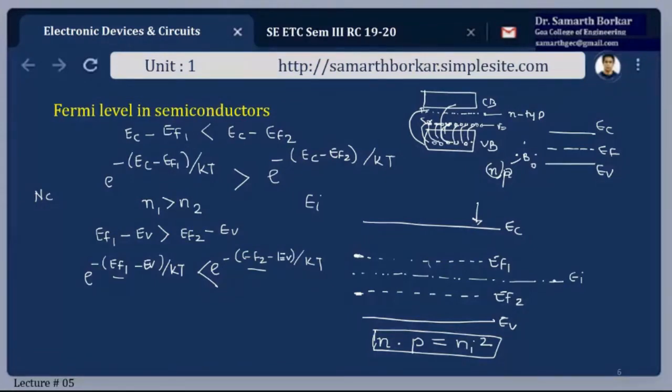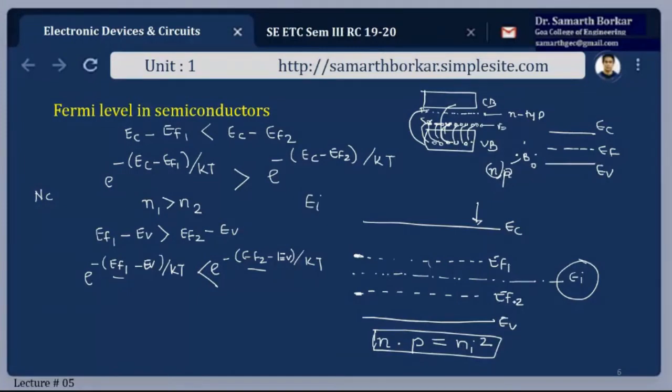Understood? So instead of EF1 and EF2, let us put this equation in terms of EI. And EI is what? The Fermi level of an intrinsic semiconductor, which lies at the center of EC and EV. So this is the objective now.